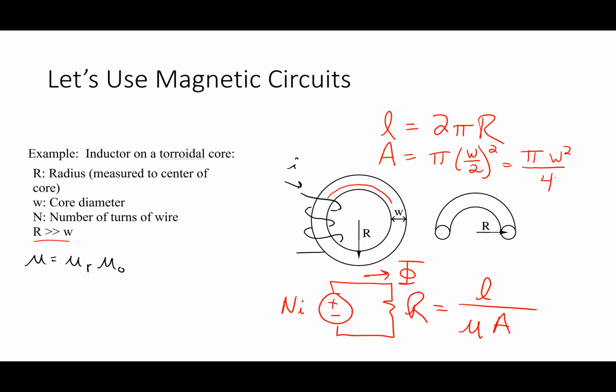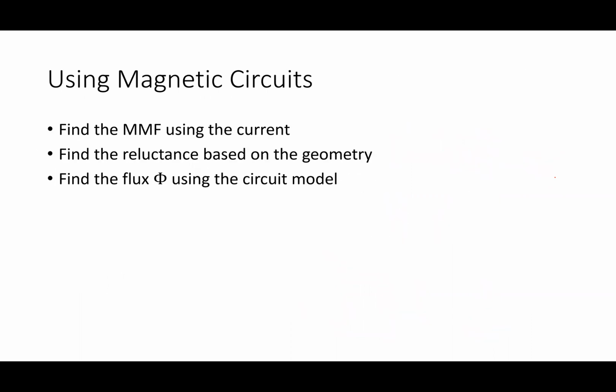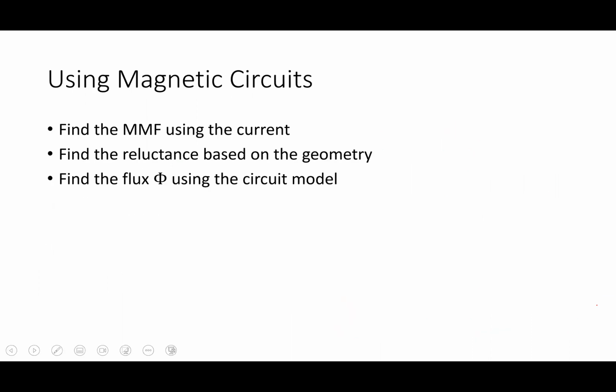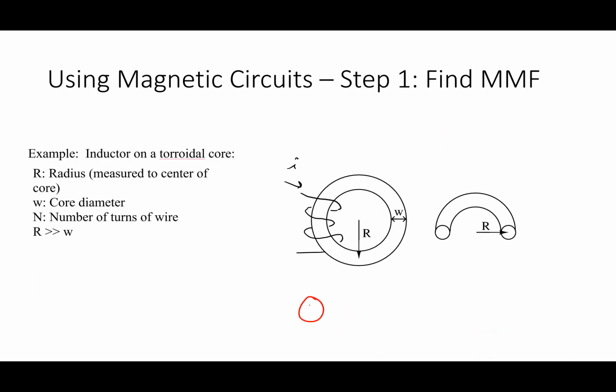So if I jump ahead here, I'll just do it all right here. If I plug those in, what's that going to become? I'm going to get a 2 pi R on top, and on the bottom, I'm going to have mu times pi W squared over 4. So my pi's cancel, right? And I end up with, for this, here's my MMF, here's my Ni.